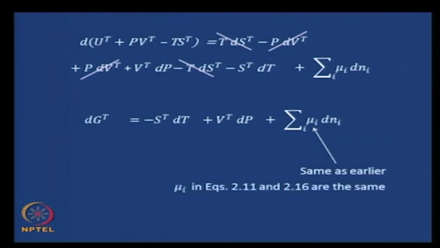Therefore the μ_i's in equation 2.11, which was for the internal energy dU_t, and equation 2.16 for the Gibbs free energy dG_t are the same. So although we had used different ways to define the chemical potential, they all turn out to be the same quantity.